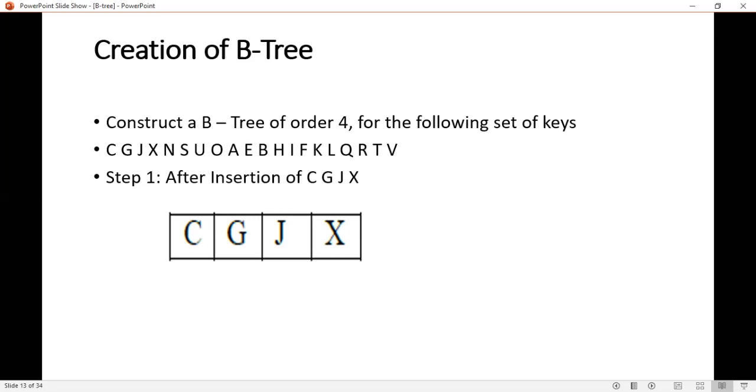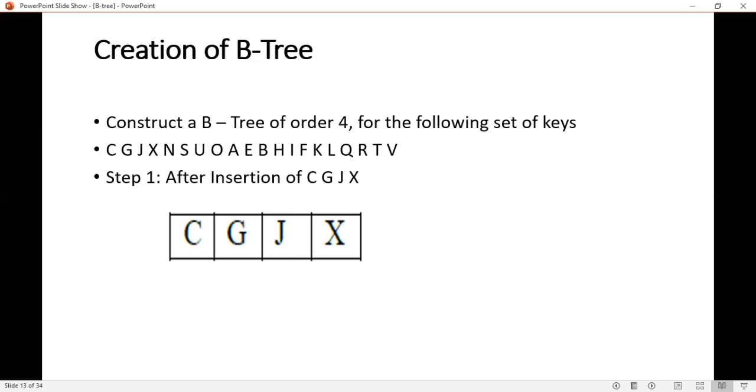Now, along with the key, usually you have links, that is either an RRN or the record address. In this diagram it is not shown, but you should assume that along with the key you have a link. Now after insertion of C G J X, you have this node here.